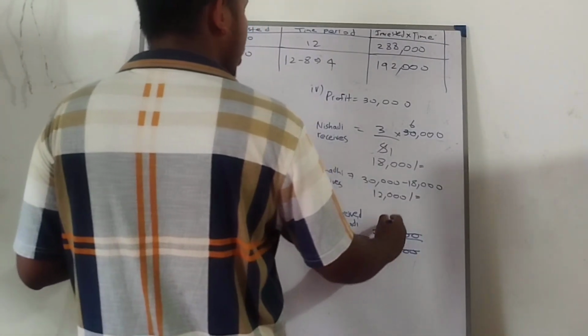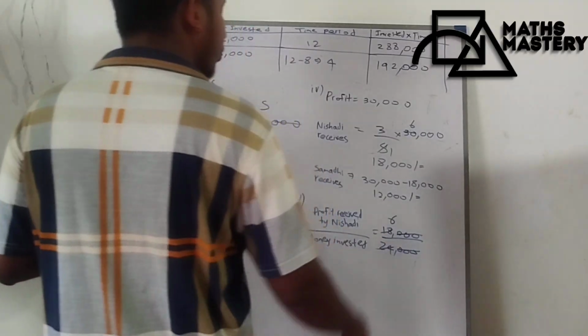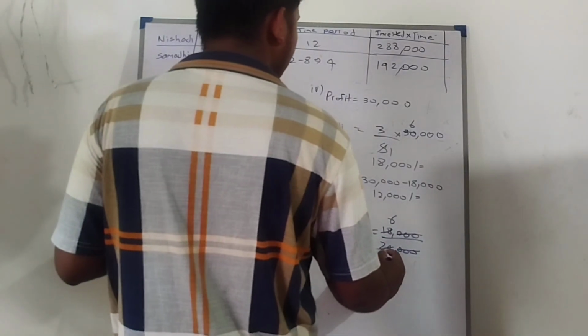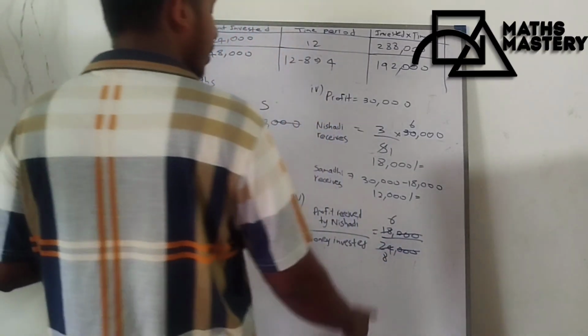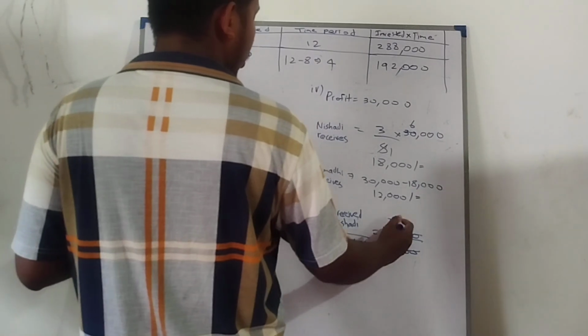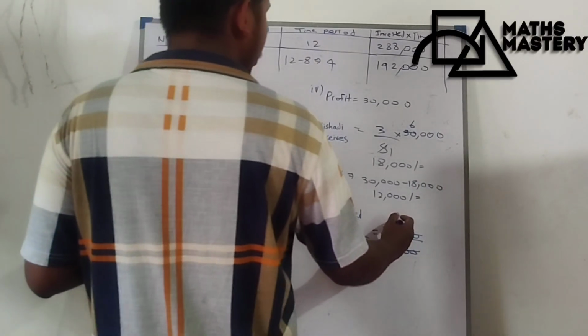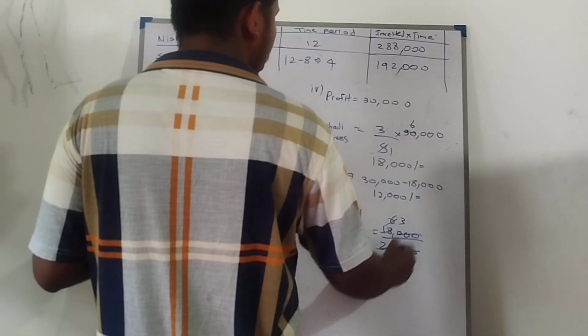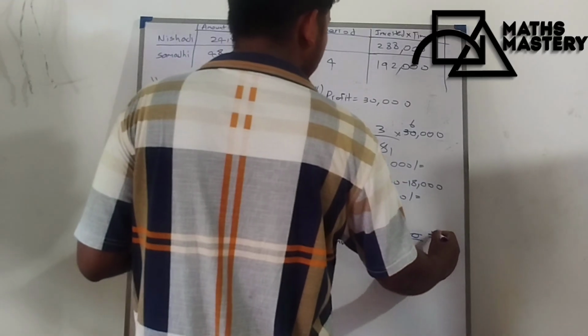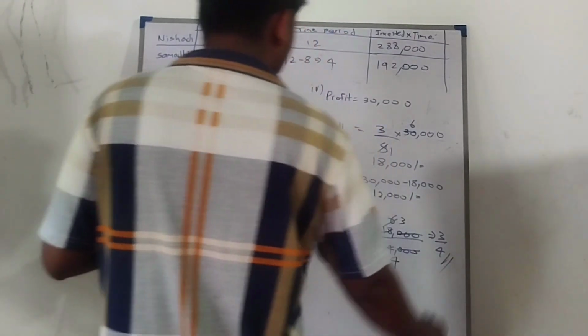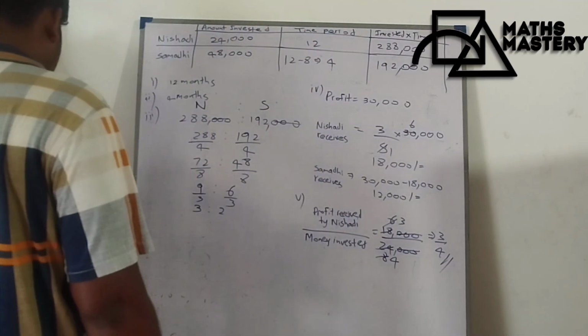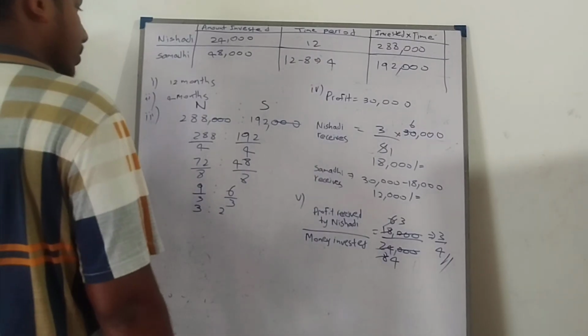If you divide 18 by 3, you'll get the answer 6. If you divide 24 by 3, you'll get the answer 8. Next, you can simplify this by 2 also. If you divide by 2, 3. If you divide by 2, 4. The answer is 3 over 4. Okay, that is done. Question number 6.